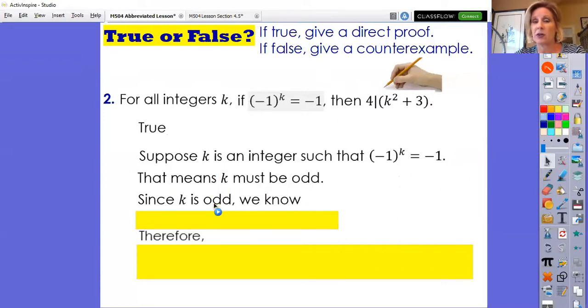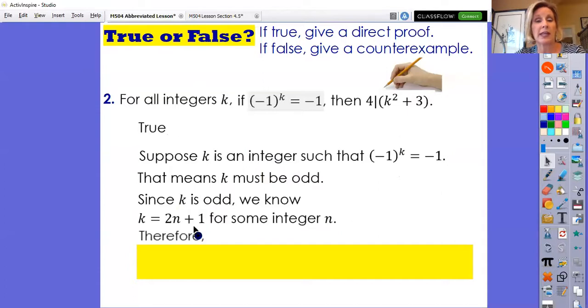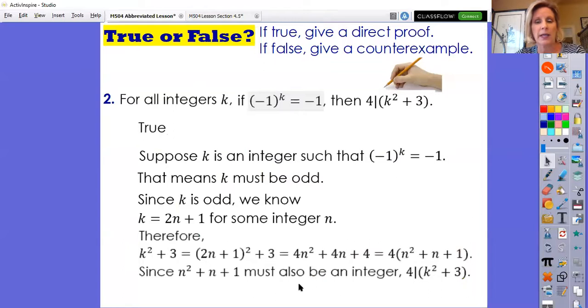And since k is odd, we know the definition is that k equals 2n plus 1 for some integer n. We then plugged 2n plus 1 in place of the k in the k squared plus 3. And when we worked it out, we realized that 4 actually was a factor of the big quadratic expression here. Therefore, 4 does divide k squared plus 3.